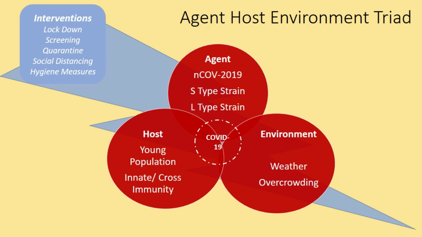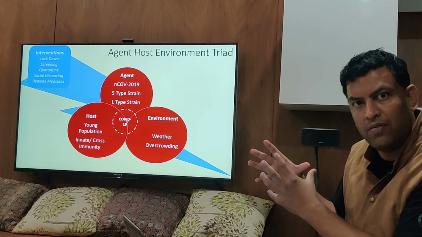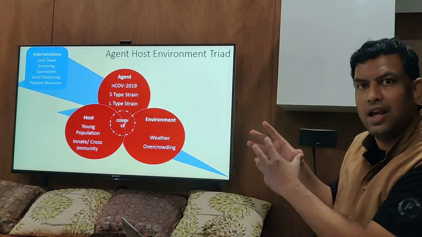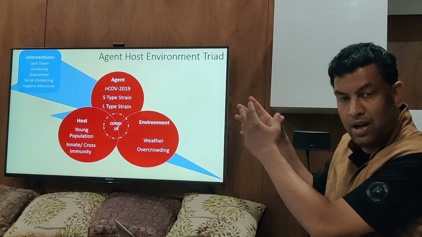What will be the impact of these man-made interventions, if one may call them that? You will notice here we do not have vaccines or medicines in this list, but that will come in the next year and be added there. How much will they influence this interaction between agent, host and environment? That is what we are closely looking forward to, and that's what's influencing how this pandemic is evolving in the Indian context as well as globally.